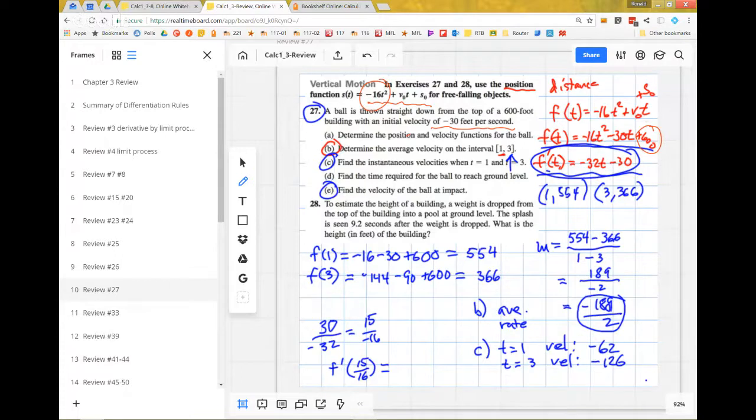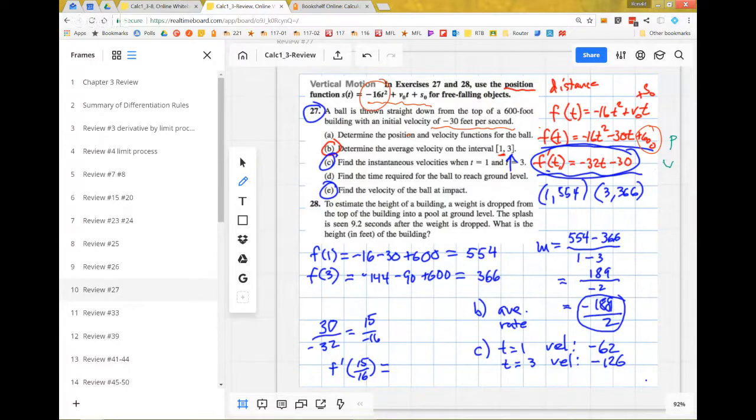So what are we supposed to do? Well, we already did part A. Determine the position and velocity. So this is the position. Sorry, I'm running out of colors here. So this is the position function. Then it says find the velocity function.